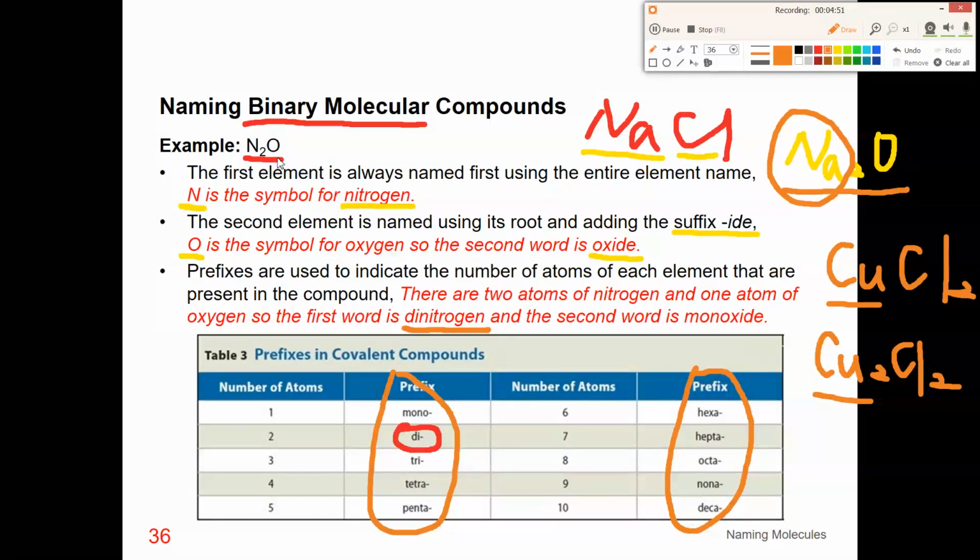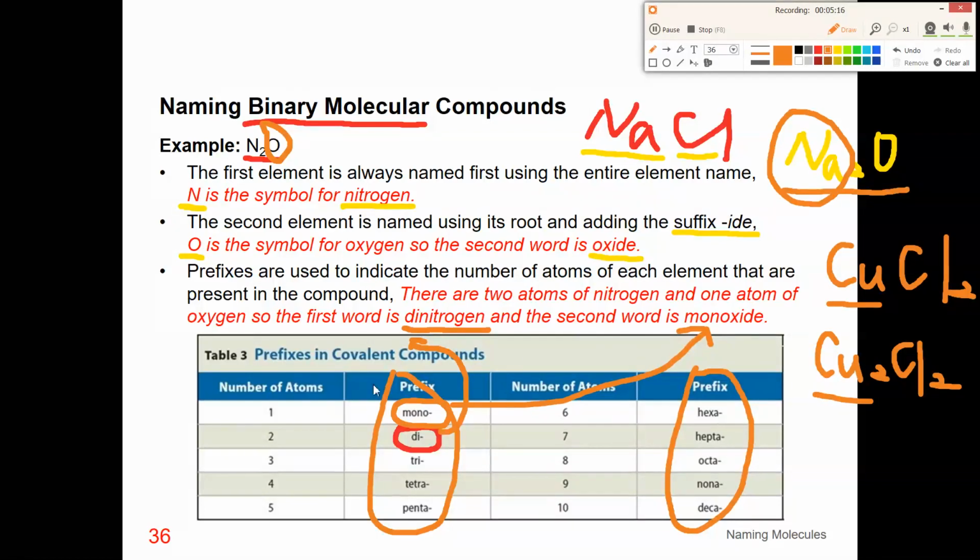You need to identify there are 2 nitrogen, so you put a di there. For the second element, you always need to identify the number. In this case, only one oxygen, so we need to put a prefix of 1, mono, there. So it's monoxide.